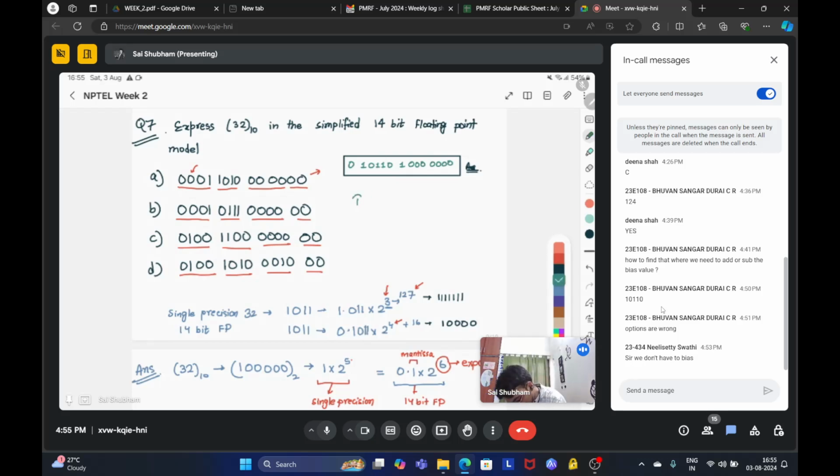One representation is simplified 14-bit floating point. Another is revised 14-bit floating point. In the case of revised, you have to add a bias of 16, and I am assuming that in this case no bias has to be added. In the question, it has been mentioned simplified 14-bit floating point. So in that case, option A is correct.